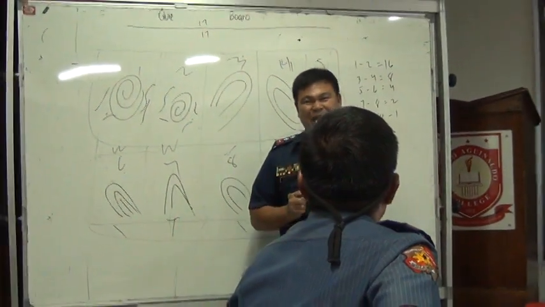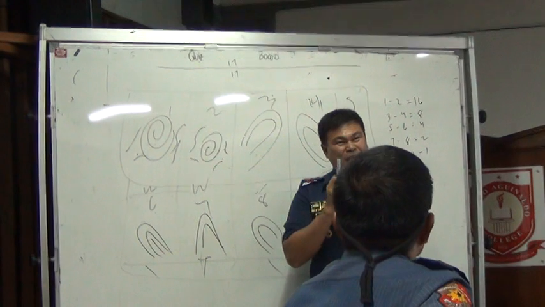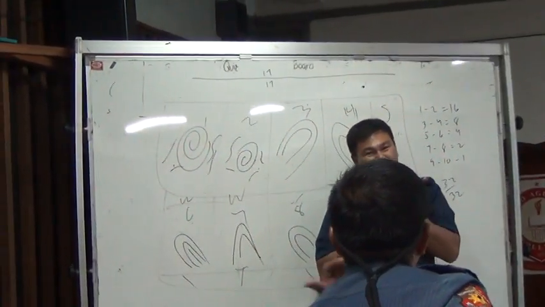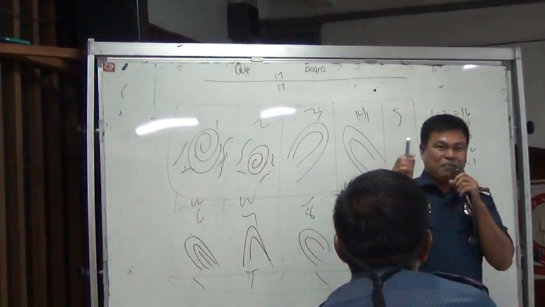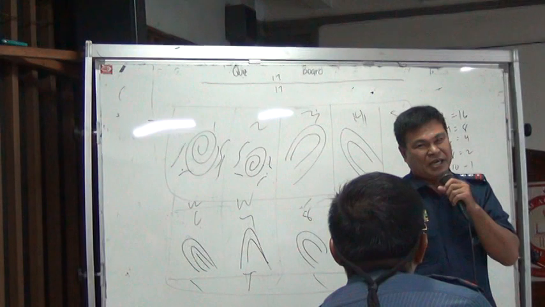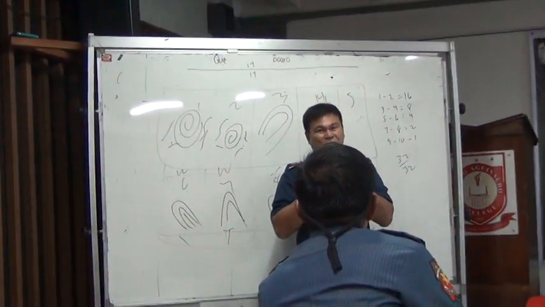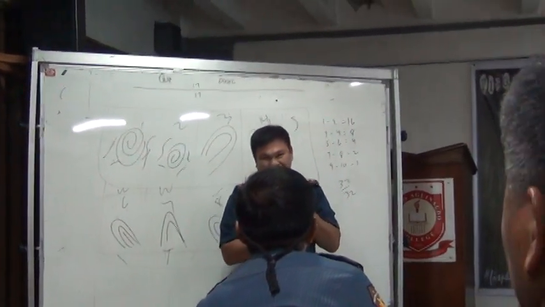Kasi ang sinusunod nga natin is nasaan. Ang definition kasi ng bolnar is one or more of the ridges enter from one side of the impression and recurve and terminate to the same side, and the flow of the ridges is towards the little finger.